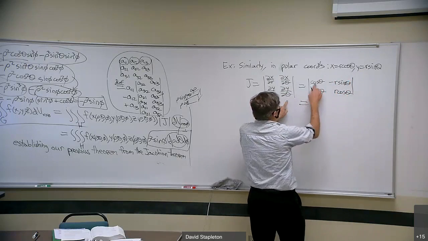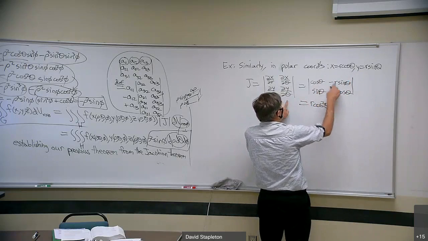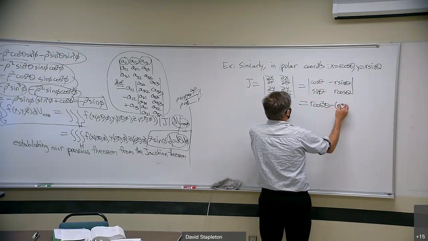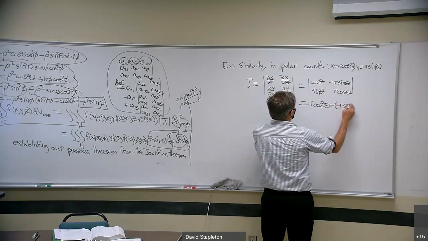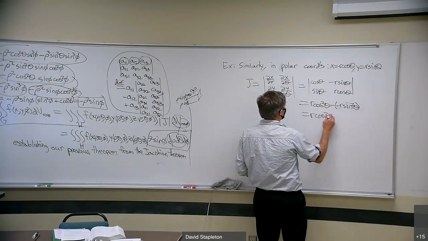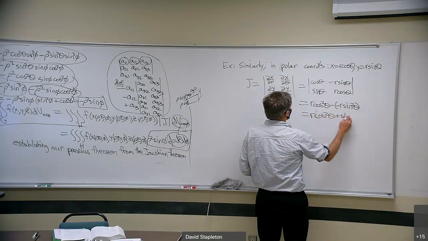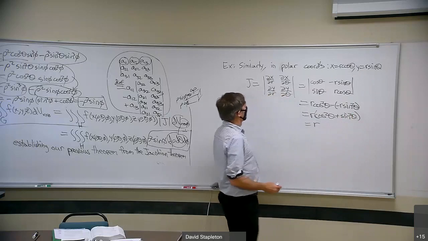And when you evaluate this, you get r cosine squared theta minus minus r sine squared theta. This is r times cosine squared plus sine squared, which is r.